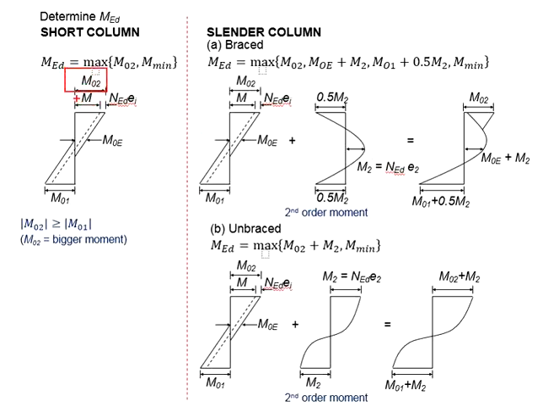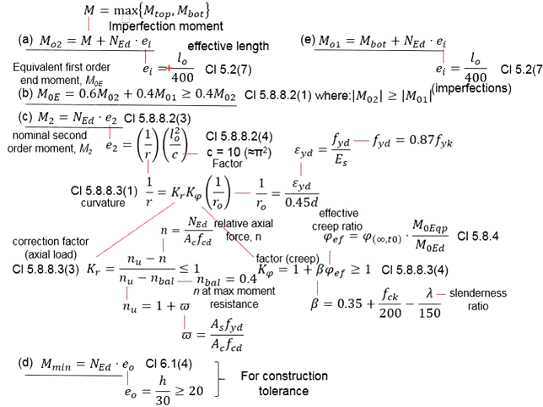M02 will be determined by the moment acting onto the column plus the moment due to imperfection. The moment due to the imperfection is estimated by using the NED times the eccentricity ei. This eccentricity ei will be a function of the effective length divided by 400.